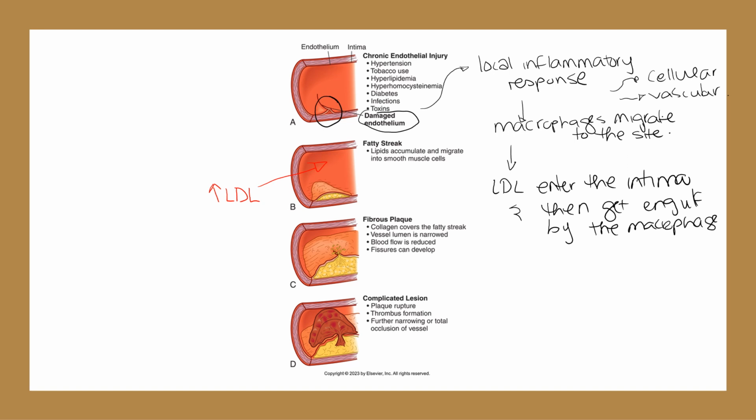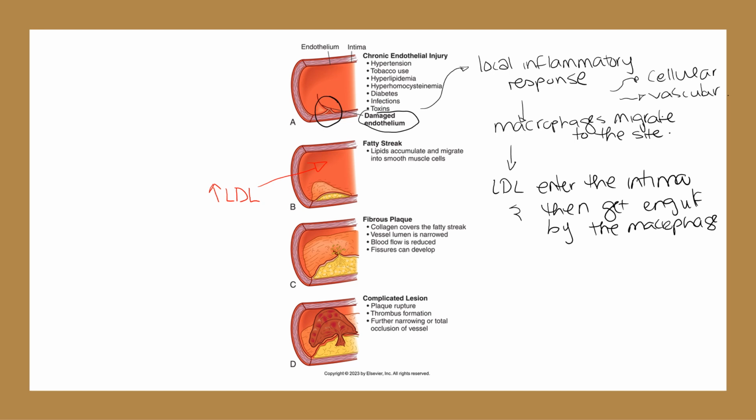Once it gets engulfed by the macrophage, think about when you have fat at home and you cool it down, it becomes kind of white or yellowish, and that's exactly what's happening. So the cytoplasm of the macrophage is now going to start to become kind of yellowish.